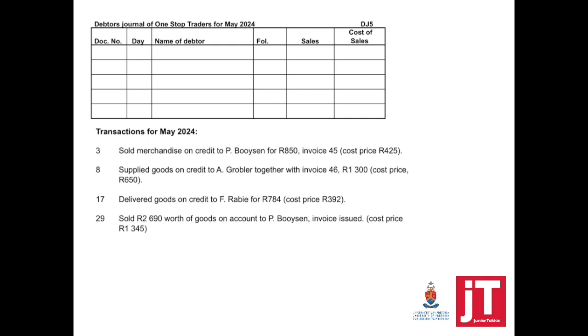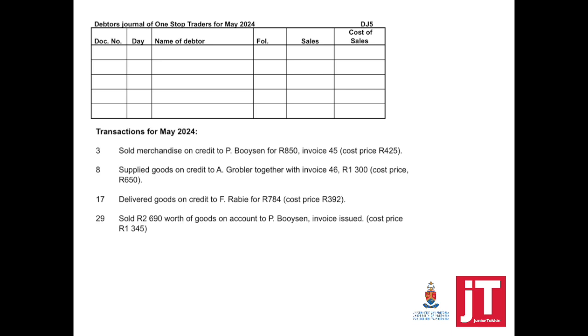So we start with the first entry, transactions for May 2024. On day 3, sold merchandise on credit to P. Boyson for $850, invoice 45, and the cost was $425. When we're selling goods on credit, the source document applicable is the invoice.